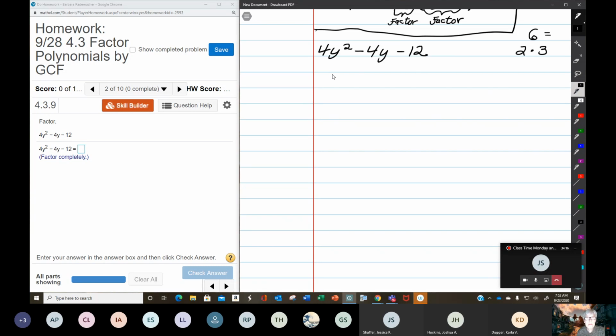Okay, so very soon now, you are going to know why we do all this factoring and why we do a lot of the other stuff we're trying to do. So I am going to break down, and interestingly, it doesn't say factor by GCF, it says factor, but at this point, technically, it's all you know.